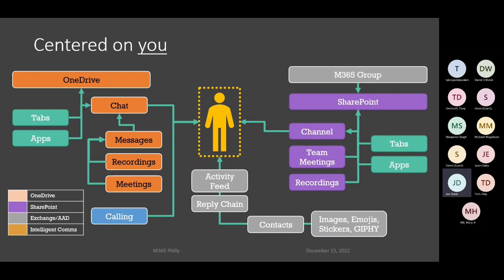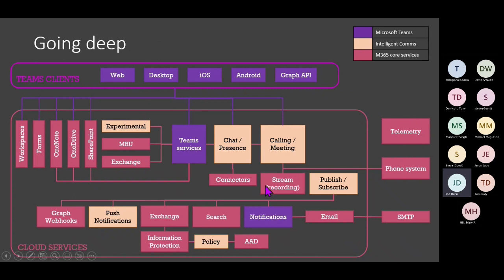Now we'll get into probably the deepest part of the architecture here, and this is all the cloud services and the intelligent communications setup in the cloud that are going to interact with Teams.